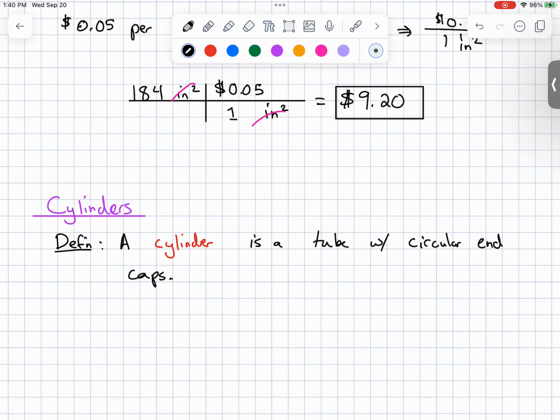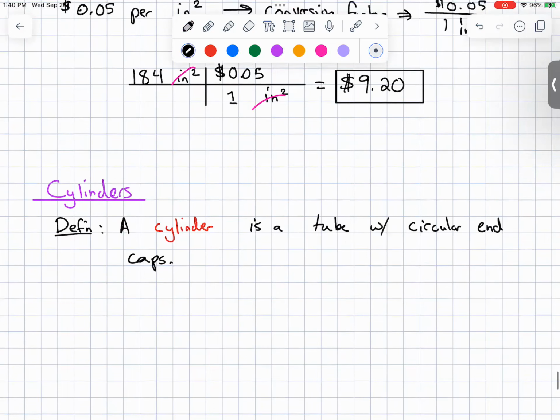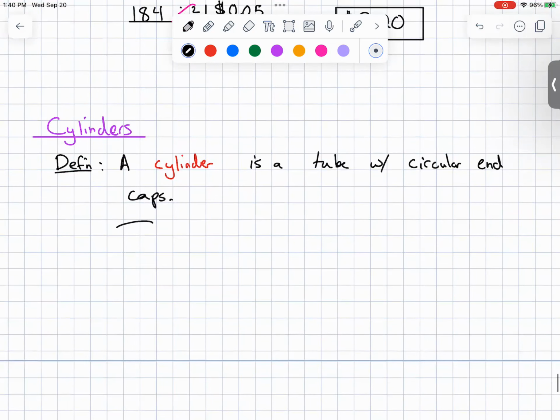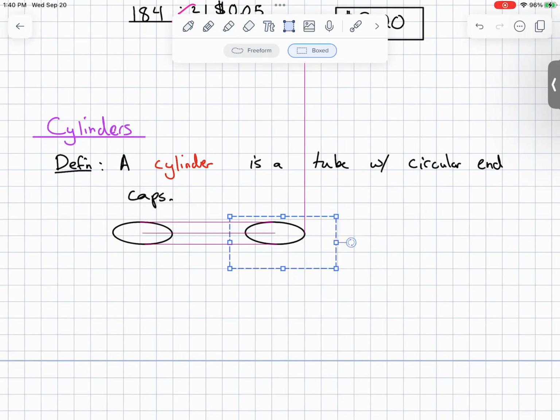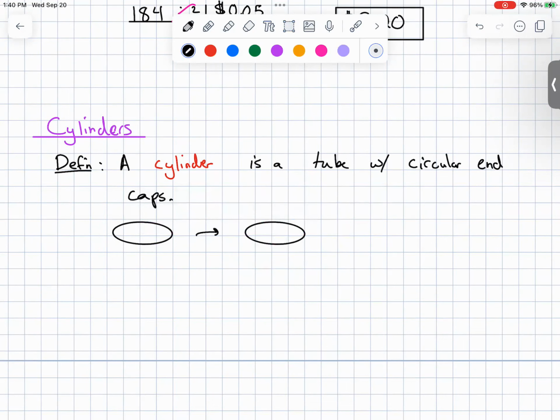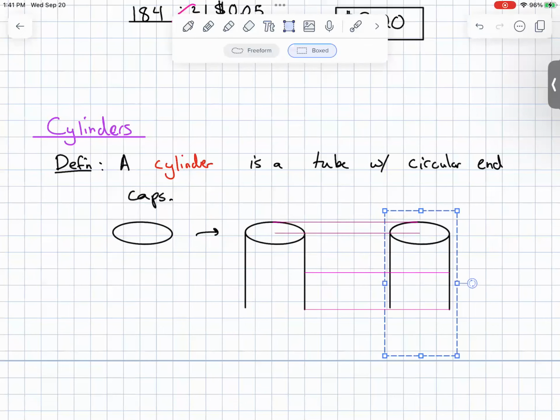If I wanted to be very particular, technically speaking, that's a right cylinder. There are plenty of different cylinders that aren't that perfect shape, but that's what our book classifies it as. So what you're going to do is make an oval, and then draw 2 vertical lines down beneath it. If you already know how to draw a cylinder, by the way, feel free to.